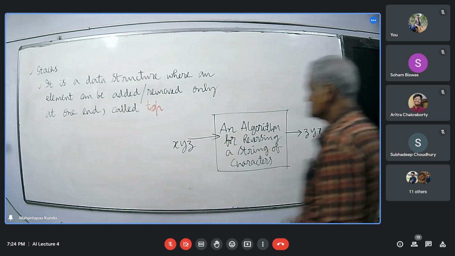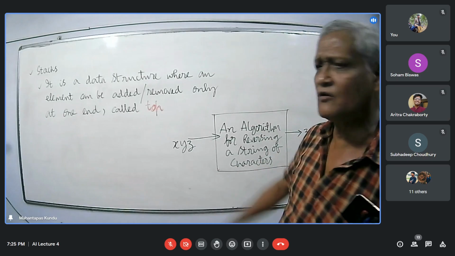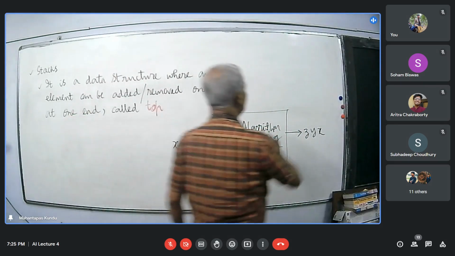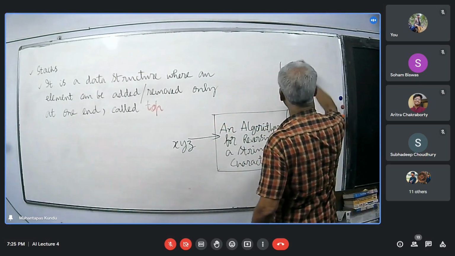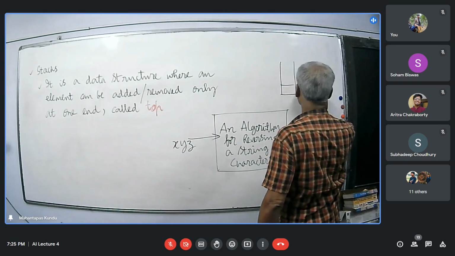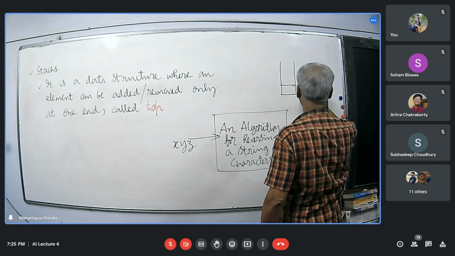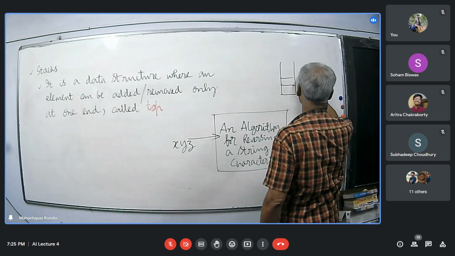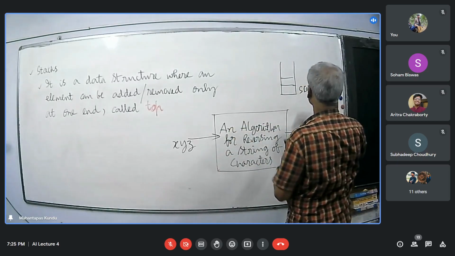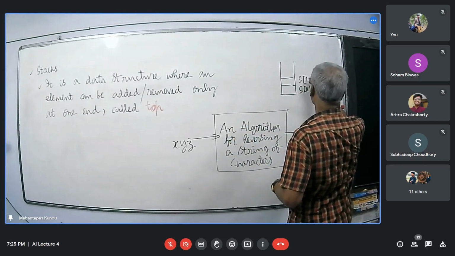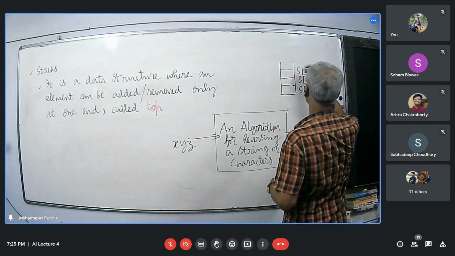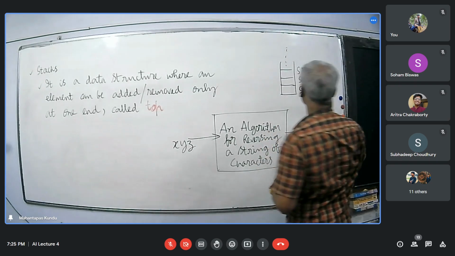Now, we can write this algorithm in many ways, but if we store this in an array in this fashion, that is, let this be S0, let this be S1, let this be S2, and there may be some more elements.